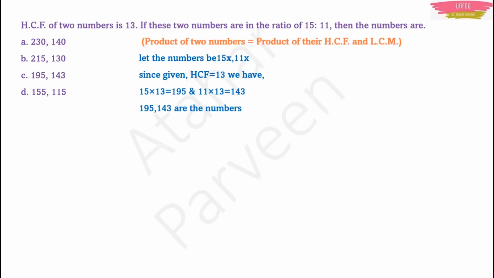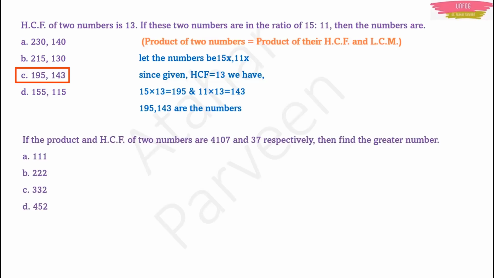Because product of 2 numbers is equal to product of the HCF and LCM, right? So you will get these 2 numbers. So here option C should be the right answer. Okay. Next question. If the product and HCF of 2 numbers are 4107 and 37 respectively, then find the greater number.